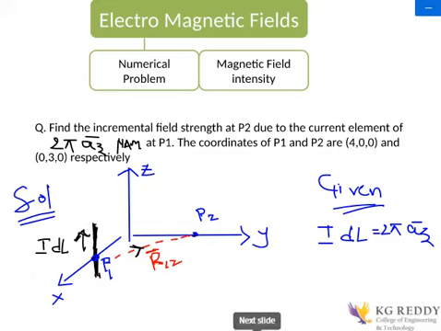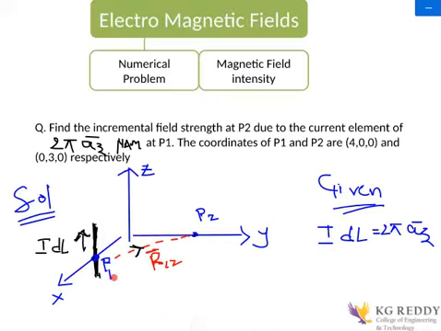Let me write down the formula, because in earlier classes we have seen how to find the field intensity due to the differential element. Here I have not taken L, but a small differential length, so we will get the field strength not as H but as dH.